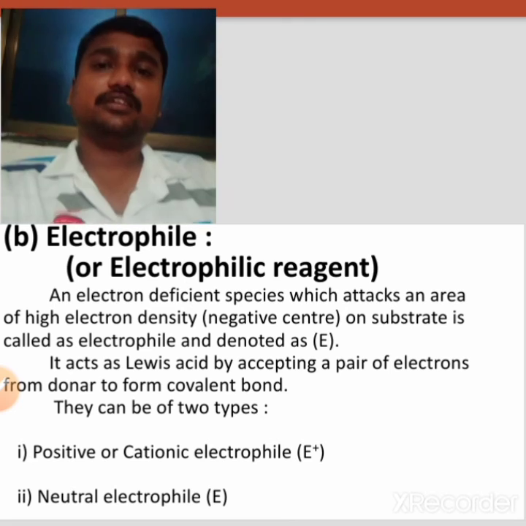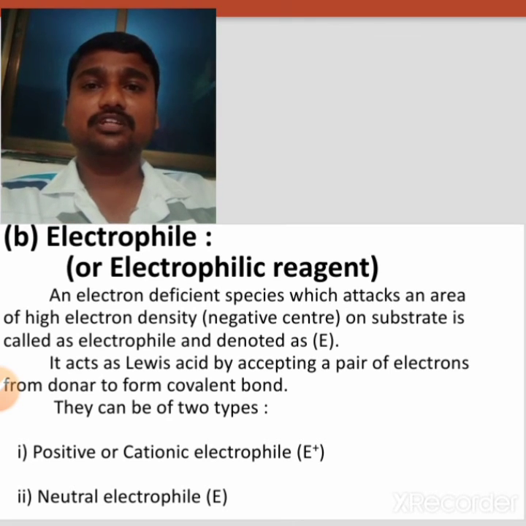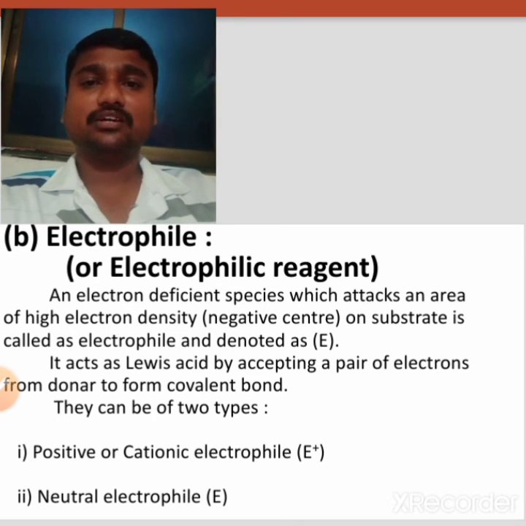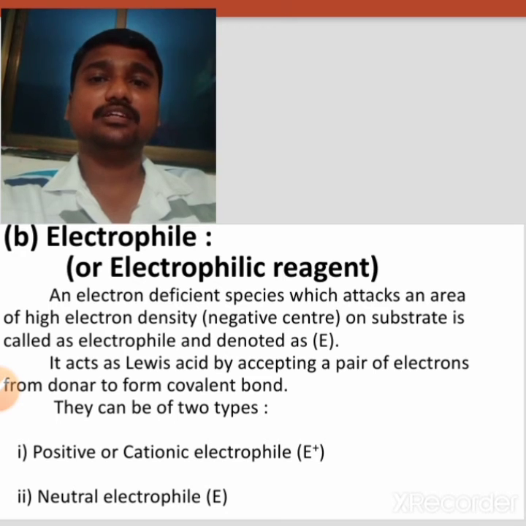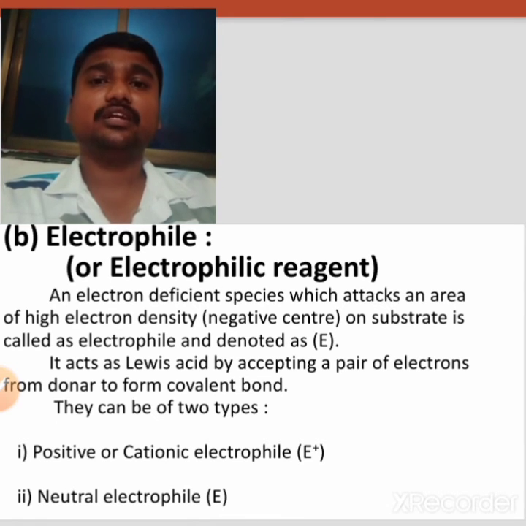Then electrophile, it is also called electrophilic reagent. An electron deficient species which attacks an area of high electron density, that is a negative center, on the substrate is called an electrophile, and it is denoted by capital E. It acts as a Lewis acid by accepting a pair of electrons from a donor to form a covalent bond.